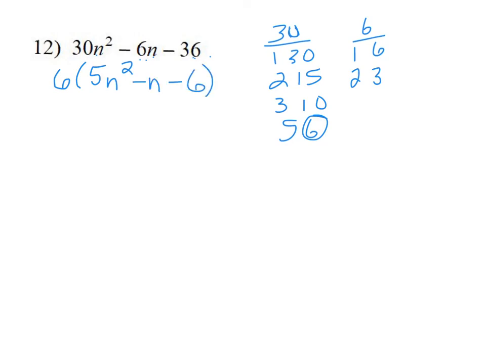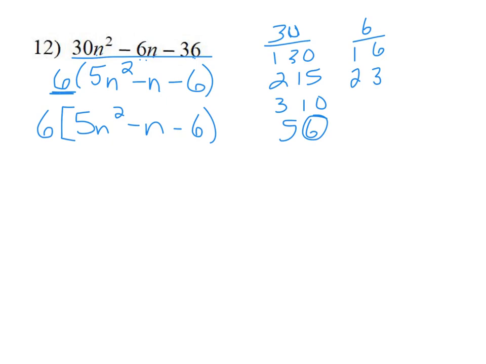Alright, this is going to be like the one we did with guess and check. We're going to leave this 6 out front because it's still part of our factor. We still want to write it so that we can get back to the original expression if we need to. So we need to include this 6, but we want to make sure that it stays separate from what we're about to do with the 5n squared minus n minus 6.